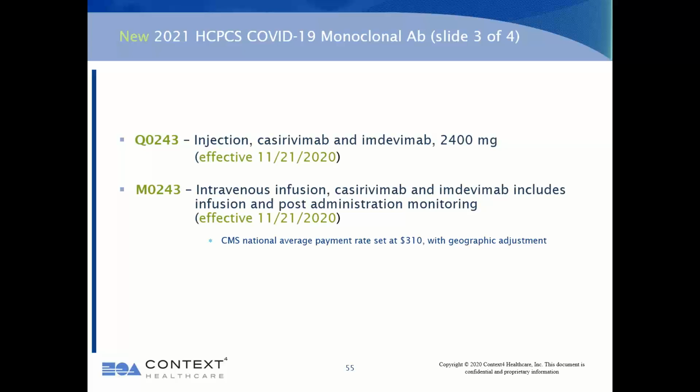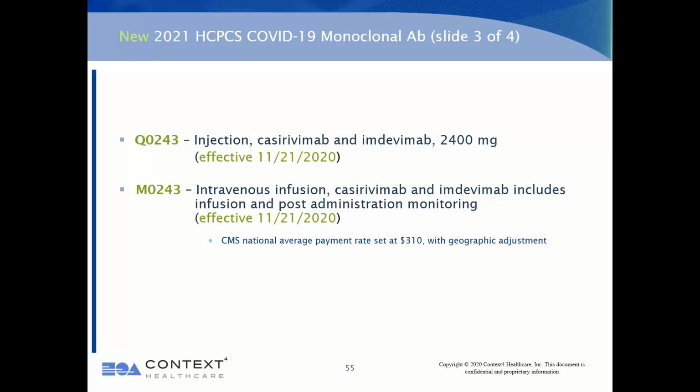The details are very similar to those we discussed with the other monoclonal antibody, bamlanivimab. There is 1 dose for all patients, but here each patient gets 1,200 milligrams of casirivimab plus 1,200 milligrams of imdevimab administered together.